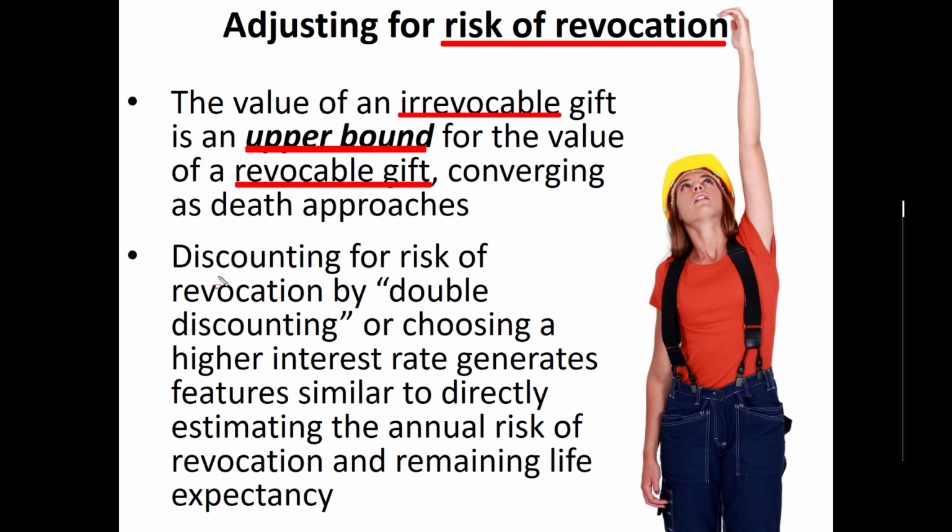So how do we discount for the risk of revocation? There are a couple of ways that you can put in some factor that not only recognizes that there is a risk of revocation, but recognizes that that risk is greater if you've got a 40-year period for revocation to occur than if you have, say, a 4-month period.